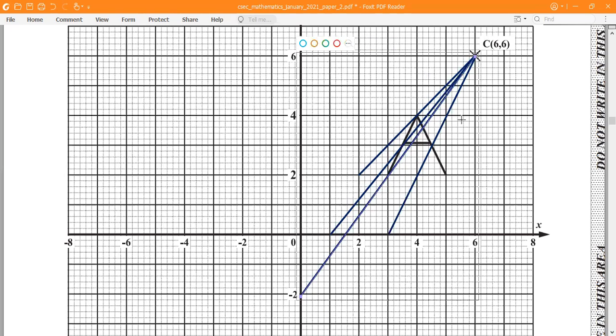We keep doing that, and so it's time for us to connect these 5 points.